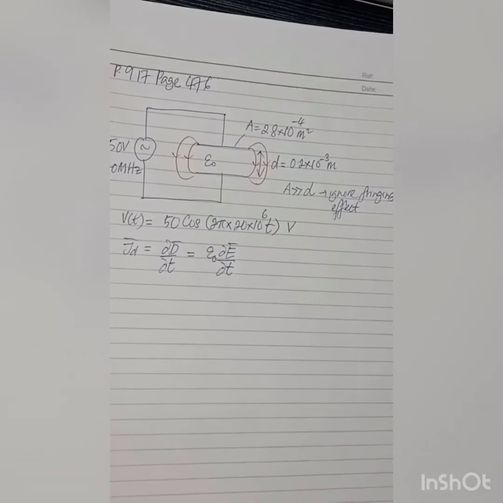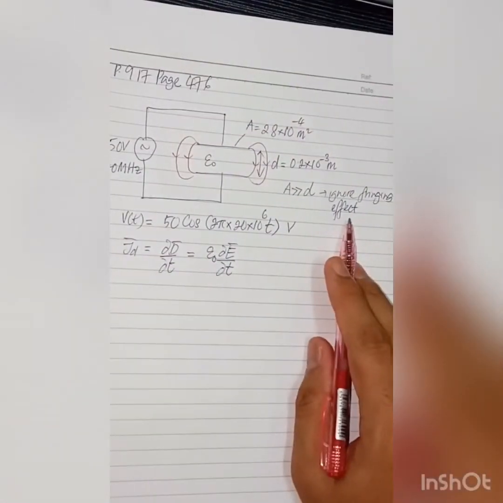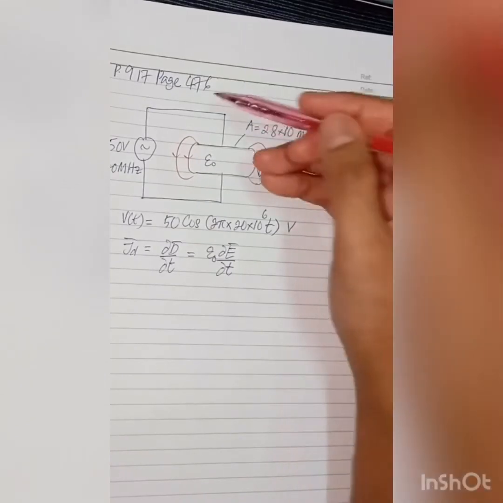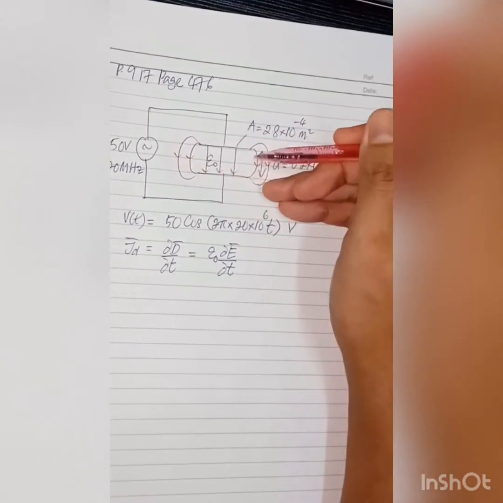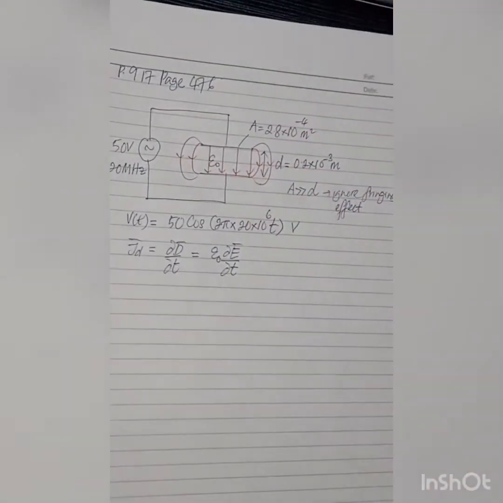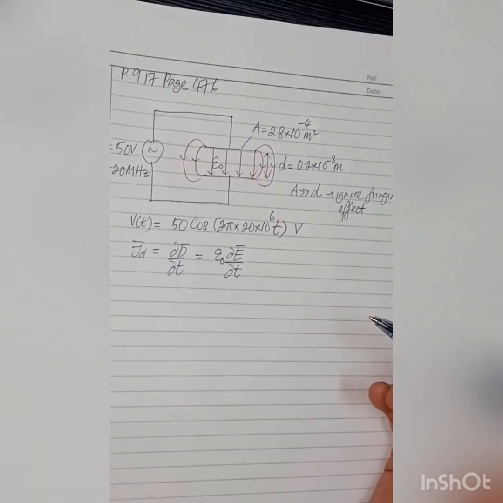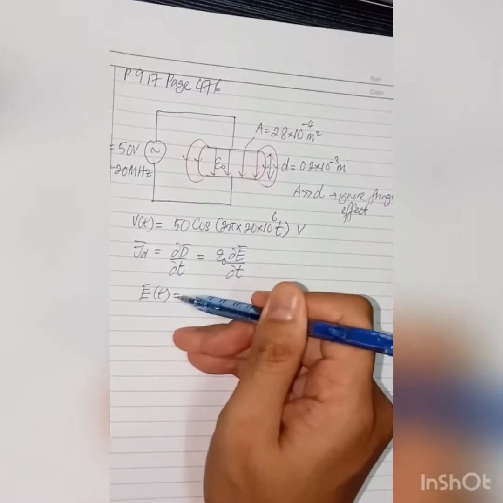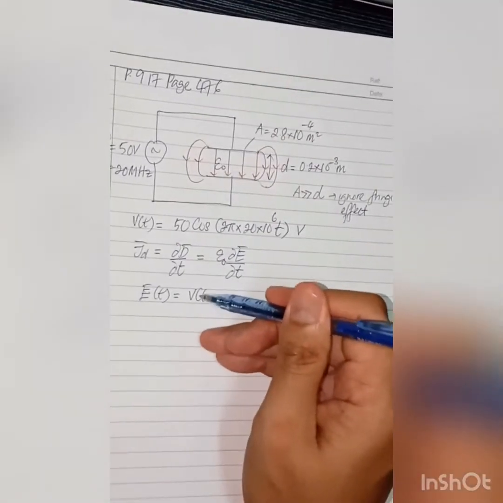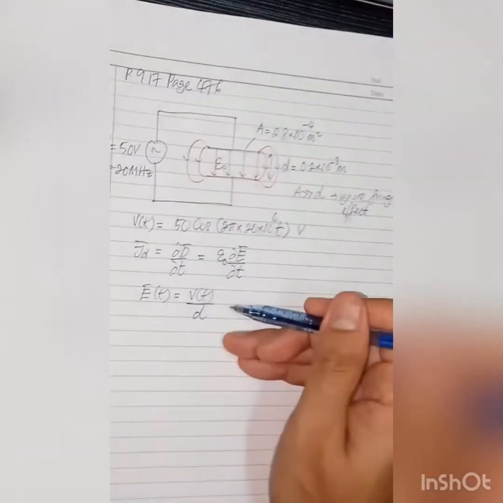Since we have assumed that we ignore this effect, by right the E will go in a straight line, or we will have a uniform E field across the capacitor. Since the E field is now a uniform field, we can simply find it by dividing the v(t) over the distance of separation.